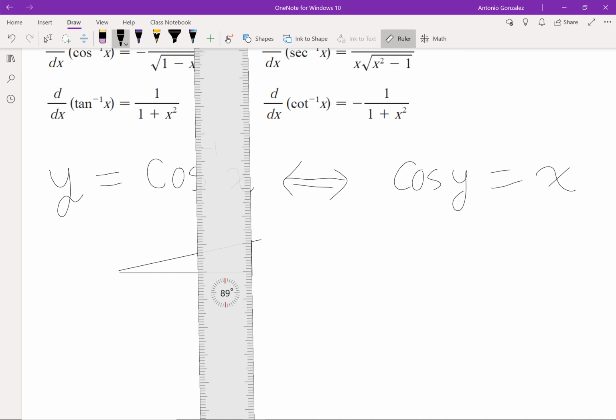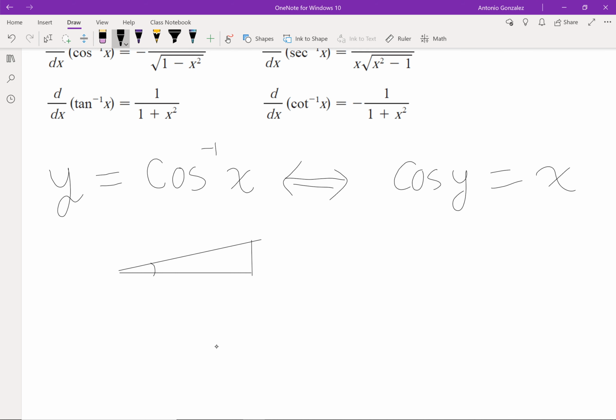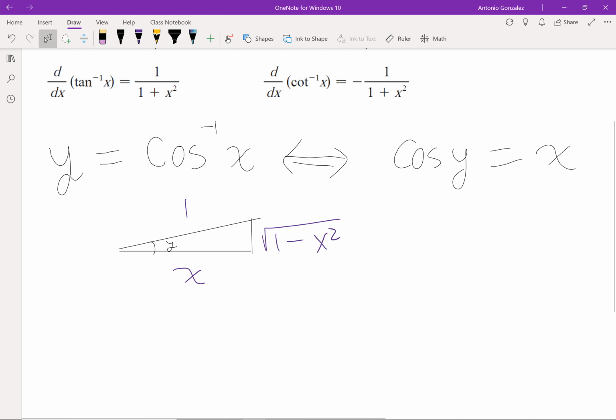Okay, so here we have a triangle, cosine of y is equal to x. So using the definition of cosine, adjacent x over hypotenuse 1, and the Pythagorean theorem yields the opposite side as the square root of 1 minus x squared.